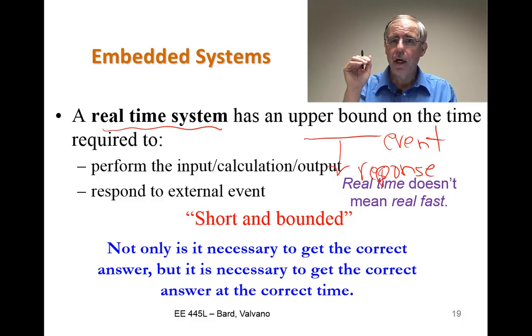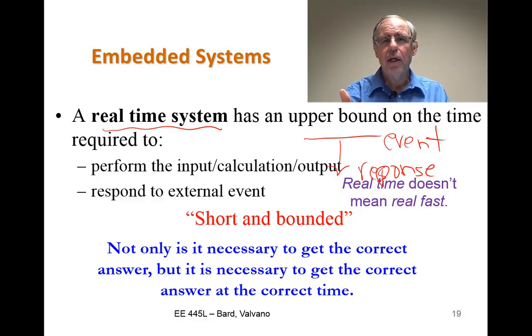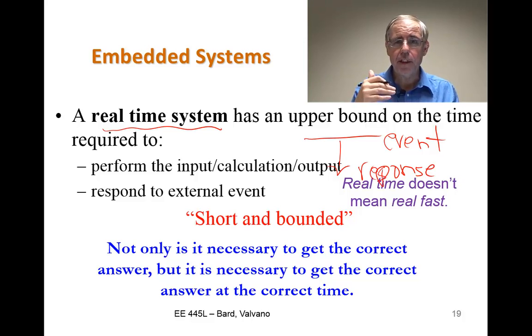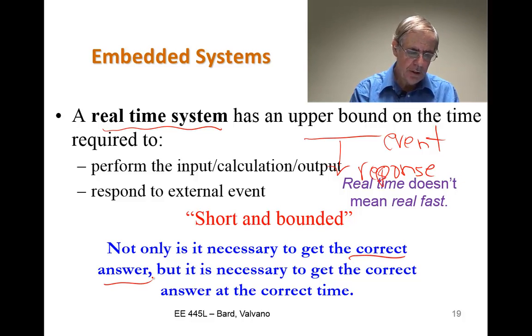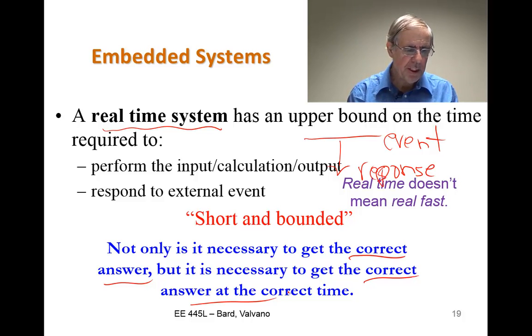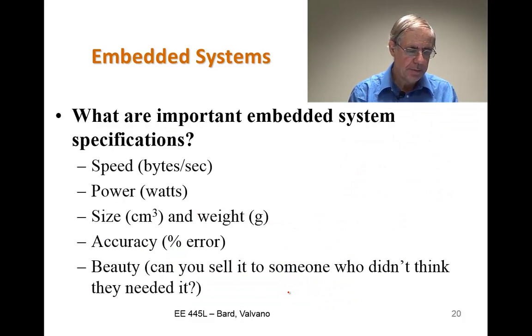In other words, once the engine decides that a crash has happened, there's a finite amount of time for it to recognize that a crash has happened before it deploys the airbags. Okay? So we must not only get the correct answer, but it's important to get the correct answer at the correct time. And we'll see this over and over in our embedded systems.